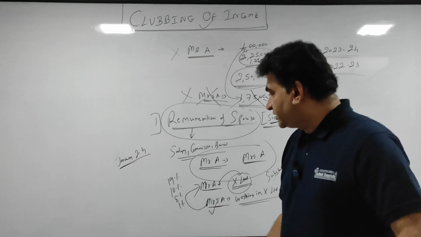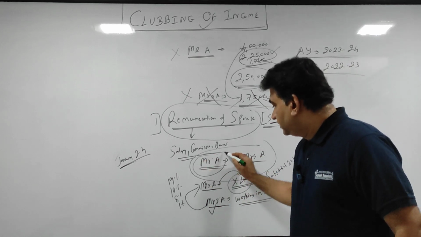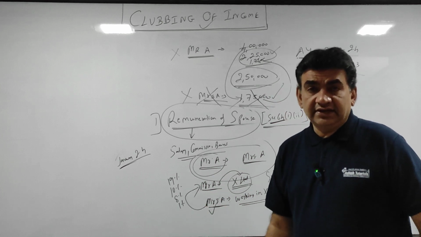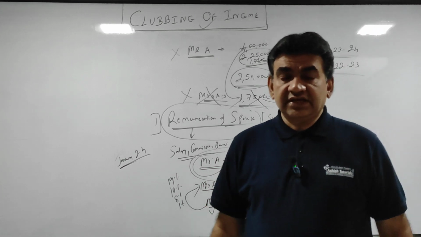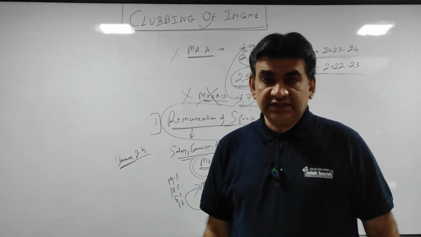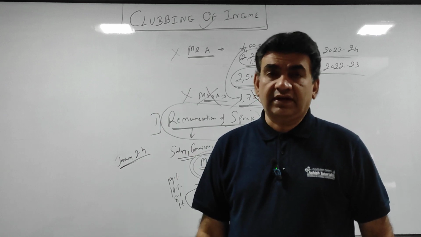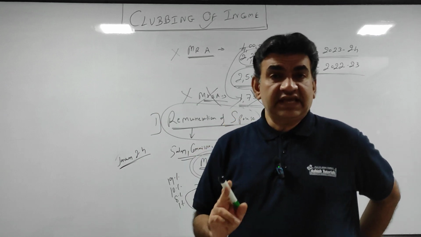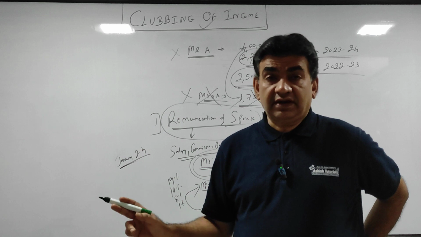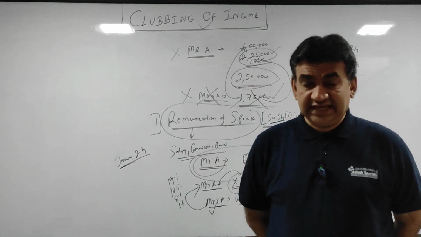Now listen, now listen. Suppose Mr. A and Mrs. A, understand? Mr. A and Mrs. A both are working in a firm where there is substantial interest. Mr. A और Mrs. A एक पार्टनरशिप फर्म में काम कर रहे हैं. दोनों में से किसी के पास भी प्रोफेशनल क्वालिफिकेशन नहीं है.